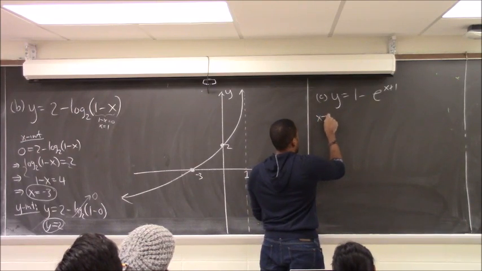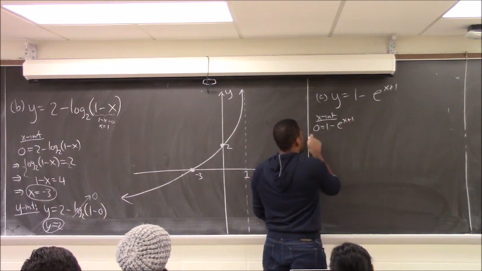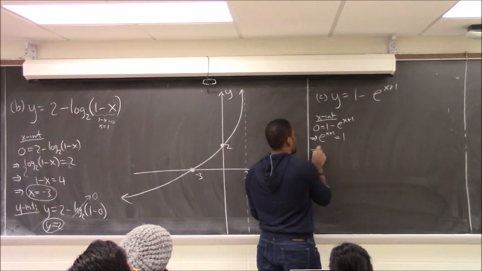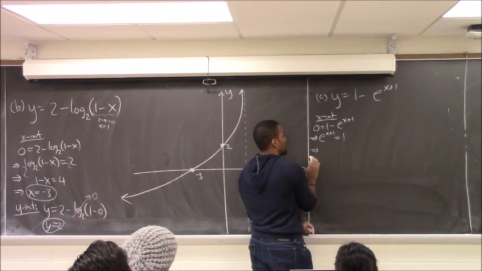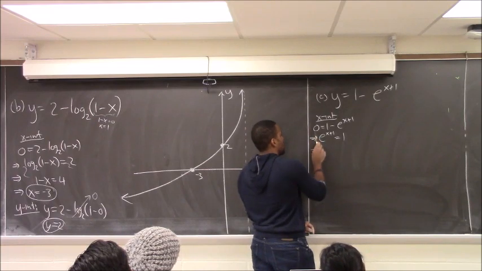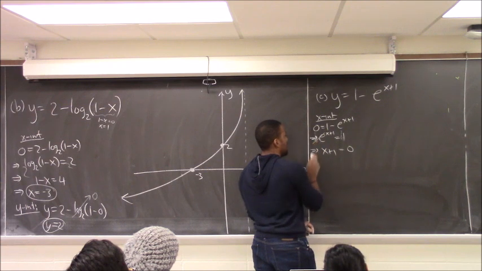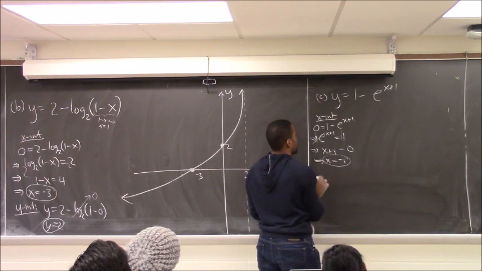Okay, so for the x-intercept, set y equals 0, which means e to the x plus 1 equals 1. How do I solve for x? Log both sides. ln of 1 is 0, this is just giving me x plus 1 because the e and the ln kill each other, so I get x equals minus 1 is the x-intercept.